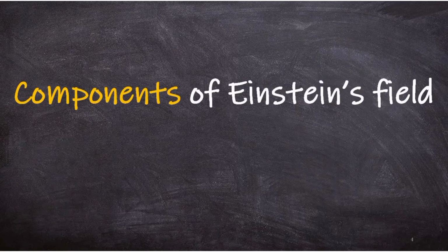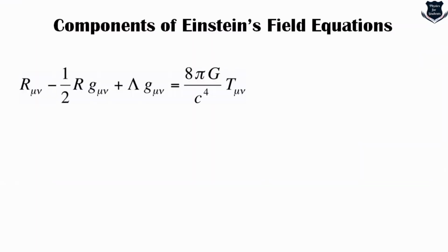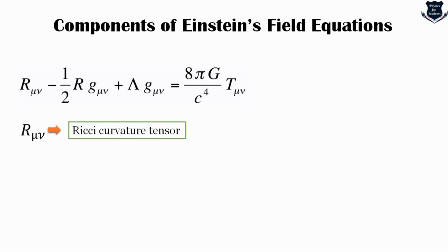First, we would start by understanding the components of Einstein's field equations. We all know these are Einstein's field equations, which are quite famous. First of all, what we want to know is what is R mu nu? R mu nu denotes what is called the Ricci curvature tensor.